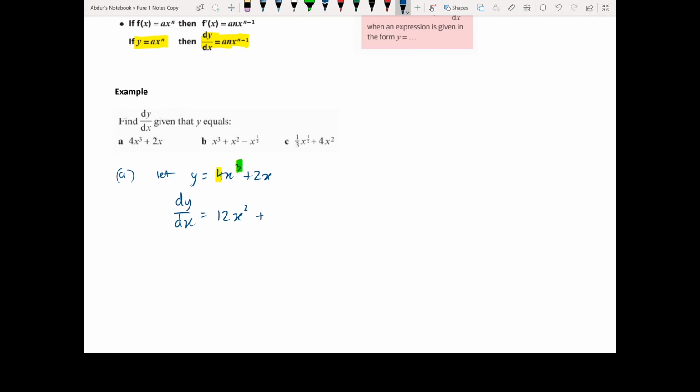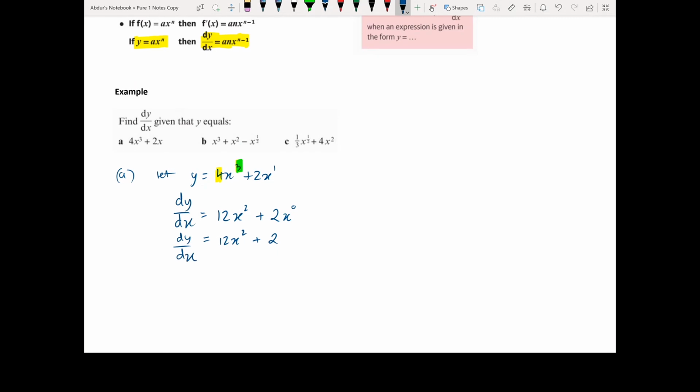We'll differentiate that second term separately, independently of the first. So the power on the x, when there's nothing written, is 1. So 1 times 2, which is 2. And then we're left with x to the power of 0. Now we know x to the power of 0 is 1. So this tidies up to 12x squared plus 2 is the gradient function dy by dx for part A.